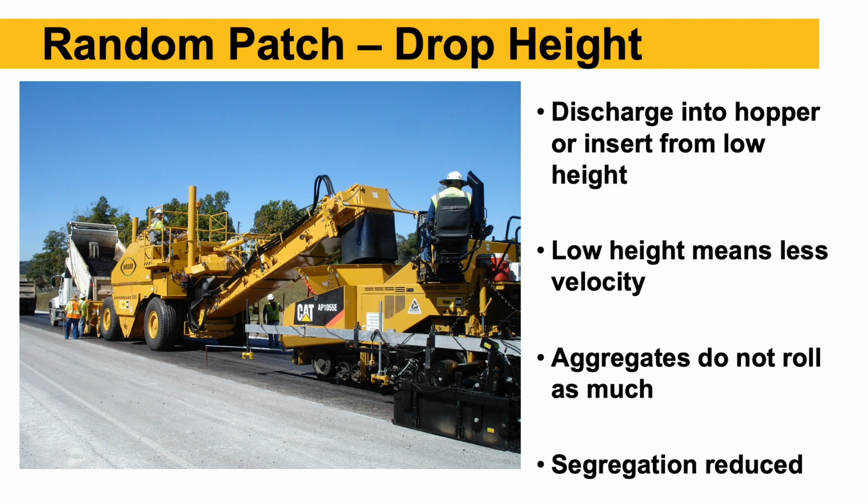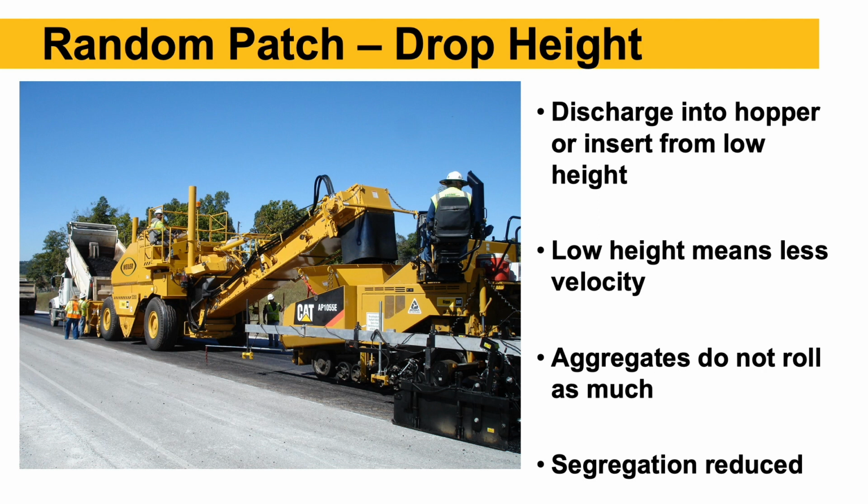Drop height is another one. With the transfer vehicle in this picture, you can see the conveyor that's dropping into the hopper insert at the paver is lowered as much as possible. Again, we're just minimizing the drop height here. If that conveyor is raised way up in the air, the mix drops off the end of that conveyor.